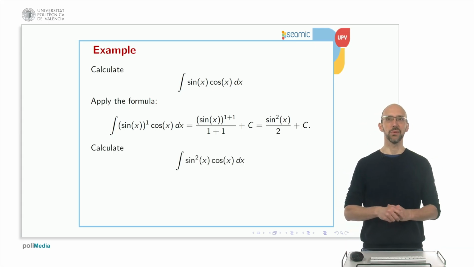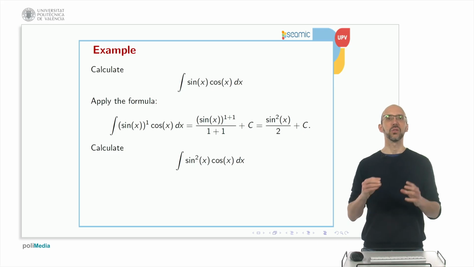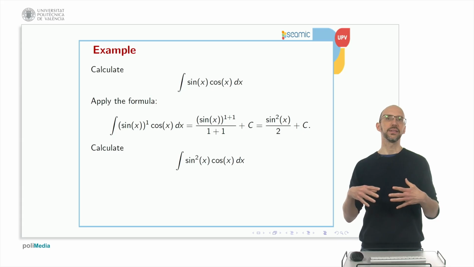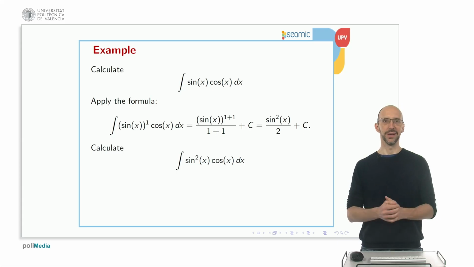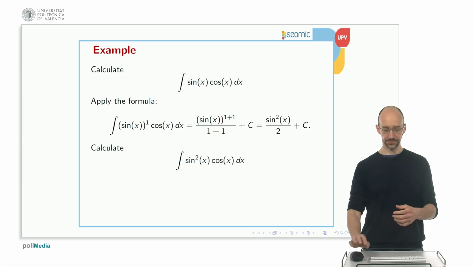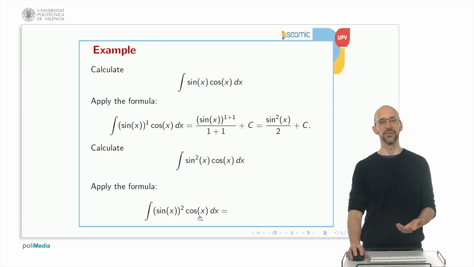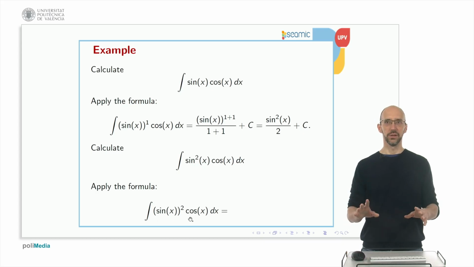One more example. Sine square of x times cosine of x. This is a more obvious way to apply this formula. Let me rewrite the expression. This is sine of x squared times cosine of x. Same question. I have a function power to a number. The function is sine.